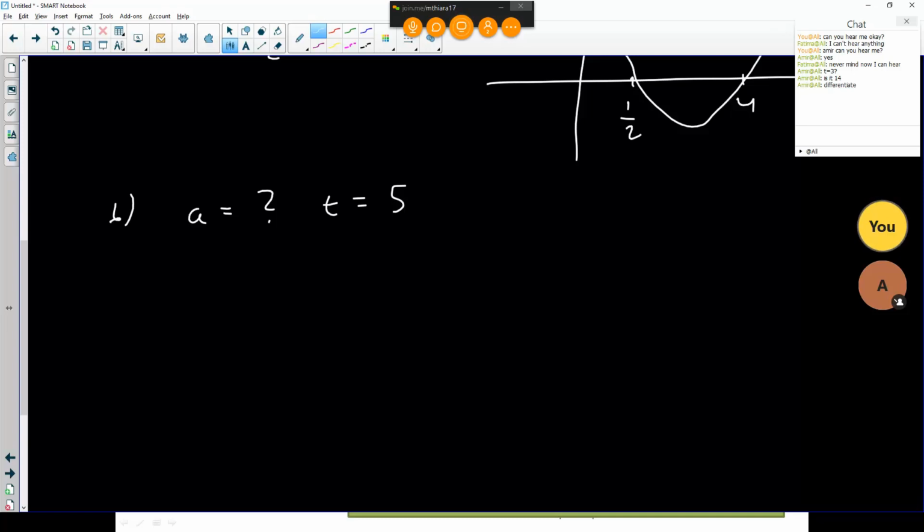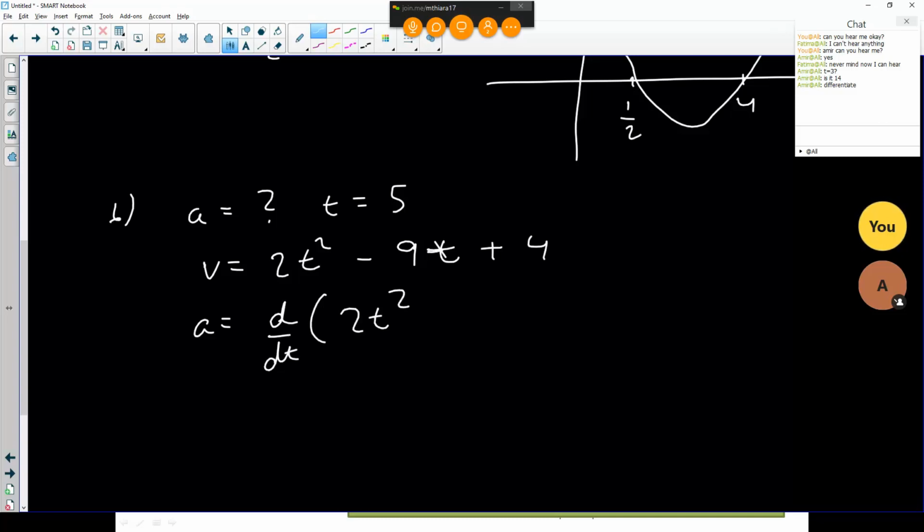Yeah, that's brilliant. So I need to differentiate, and I know that velocity is equal to 2t squared minus 9t plus 4. So if I differentiate that, acceleration is going to be d/dt of this expression, 2t squared minus 9t plus 4.